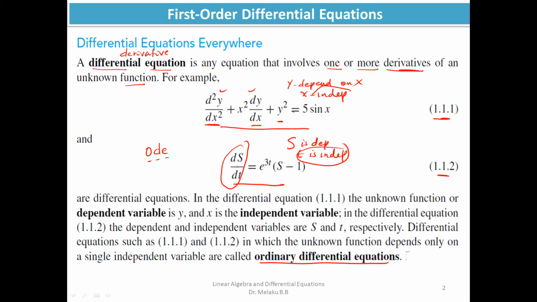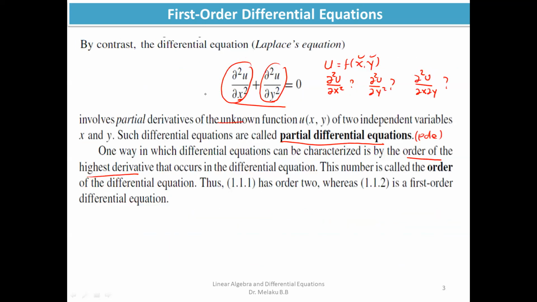And for this one, the highest derivative we have is the first derivative, so this will be order 1. Here also the partial derivative could be treated as order 2. So a differential equation can be characterized by its highest derivative, and the highest derivative is simply called the order of the differential equation.